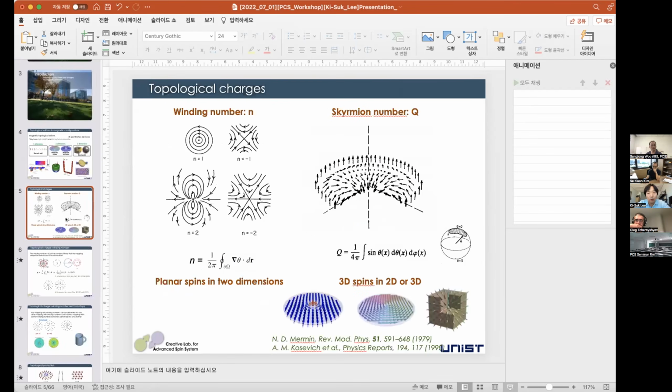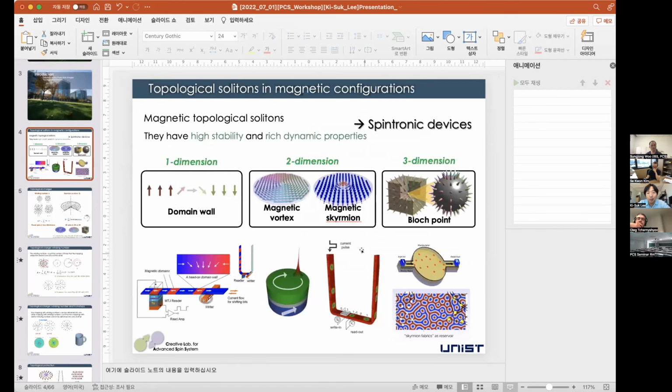Yes, it depends on the spin system. So in a Bloch point, we think about the three-dimensional vector of the spin on a three-dimensional structure. Initially, a magnetic vortex can be considered as a three-dimensional spin structure in a two-dimensional system, but in a real three-dimensional system.